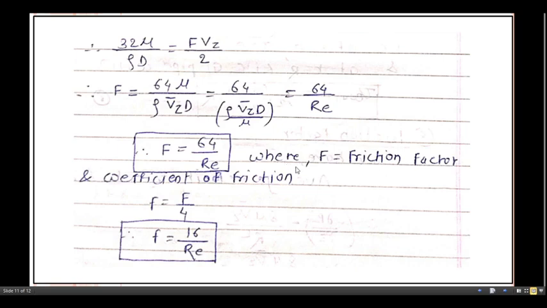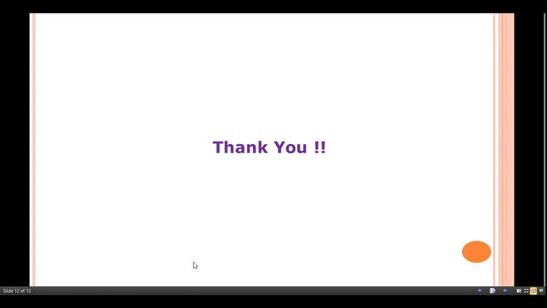F indicates the friction factor, and the coefficient of friction is F divided by 4. So the coefficient of friction equals 16 divided by Re, because 64 divided by Re divided by 4 gives 16 divided by Re. I hope this derivation cleared you.